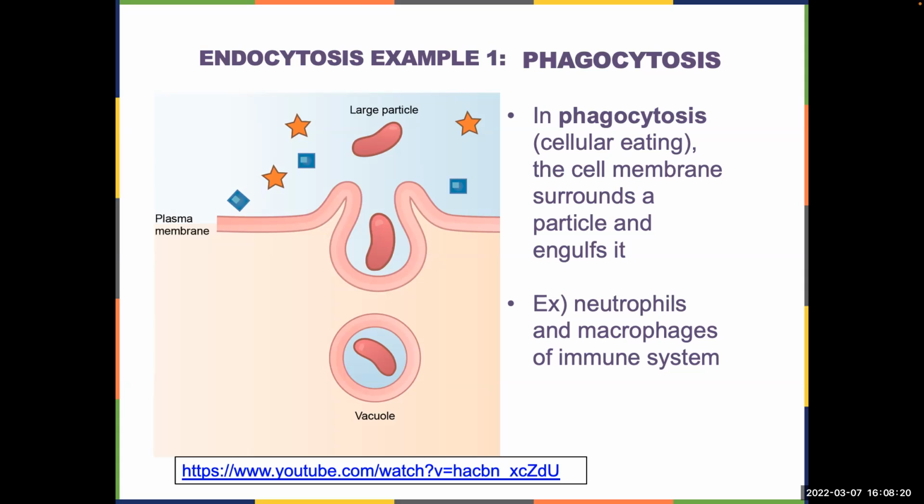Okay, so your example here, I stuck with the neutrophils and macrophages of the immune system because that's what we saw in a previous chapter, killing a microbe pathogen. But here it's just a particle. It could be food, okay, like amoebas do.